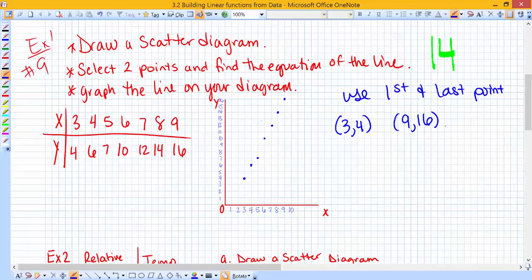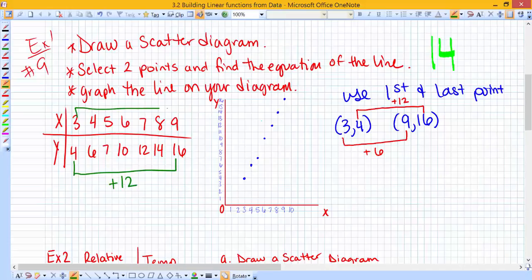So my change in X, I'm going to be lazy and I'm not going to plug into the equation. So here I'm adding 6, and my change in Y, I'm adding 12. So I'm adding 12 on the Y, I'm adding 6 on the X. And you guys can do that straight from your table. So I could even come over here and say, from 4 to 16, I'm adding 12. From 3 to 9, I'm adding 6.